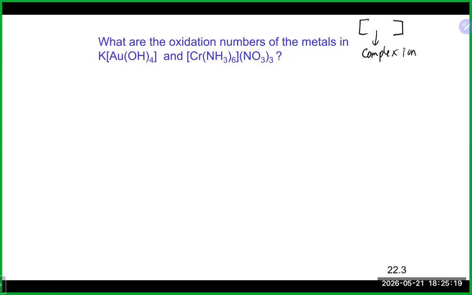And whatever is outside of the brackets is typically your counter ion. So when you look at these formulas, what's in the bracket is our complex ion part. What's outside of it is typically our counter ion.